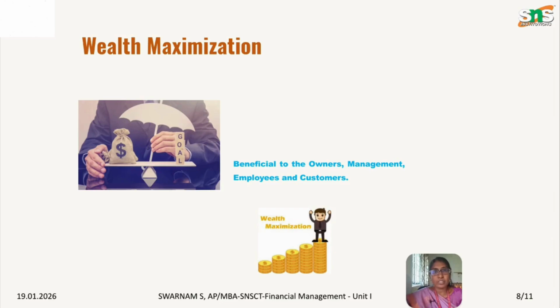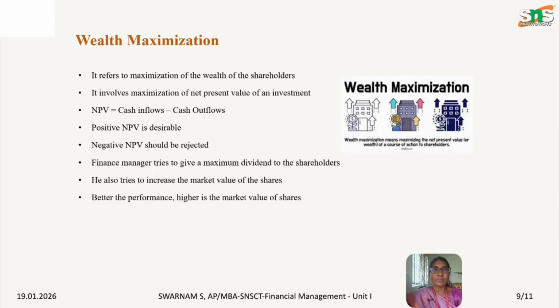Profit maximization is something like a narrow sense, where it is fully beneficial to the owner, but in wealth maximization all the stakeholders of the company would benefit. So wealth maximization is a broader concept than profit maximization.